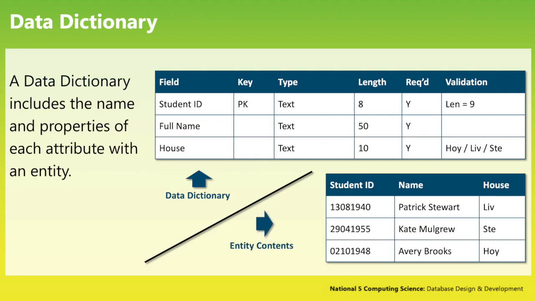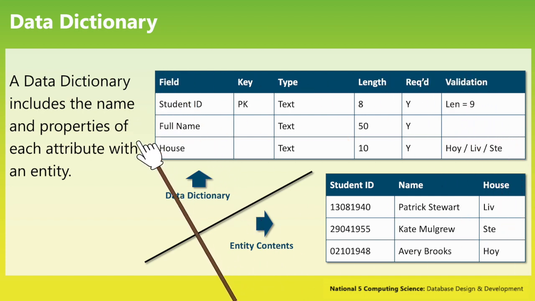Firstly, what is a data dictionary? Well, a data dictionary is a design document that outlines how a database table or entity will be built. For example, here is an extract from a data dictionary. The data dictionary specifies the fields or the attributes within that table or entity, the primary and foreign keys, the type of data within each field, the length of that field, if that field is required, or any type of validation that we can have.